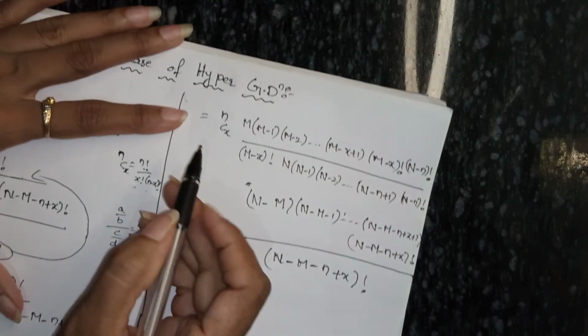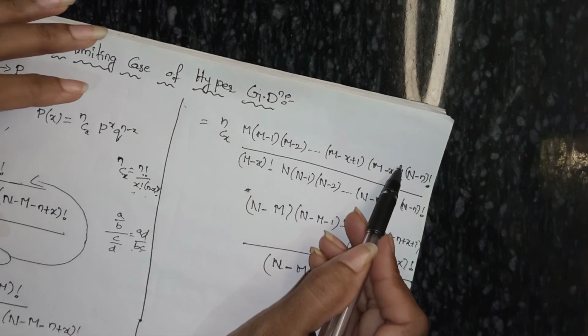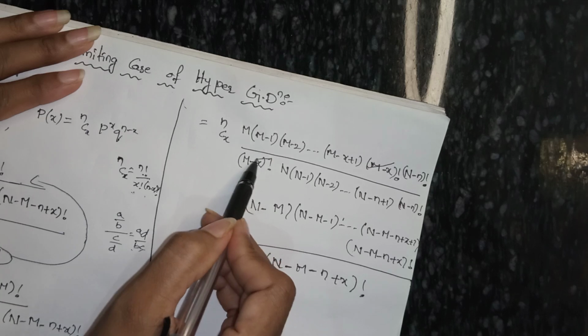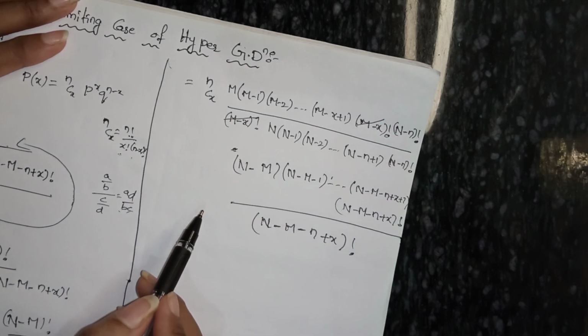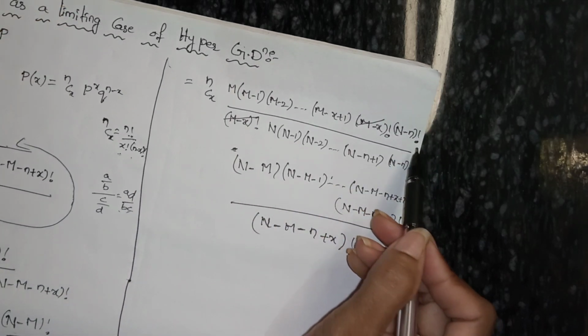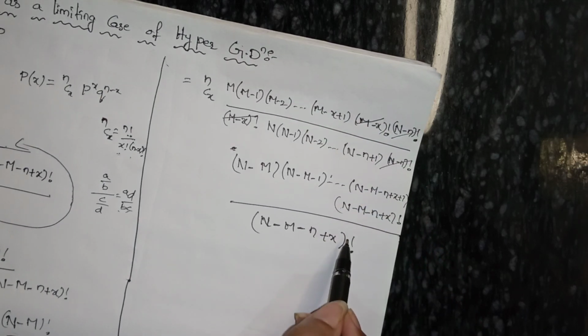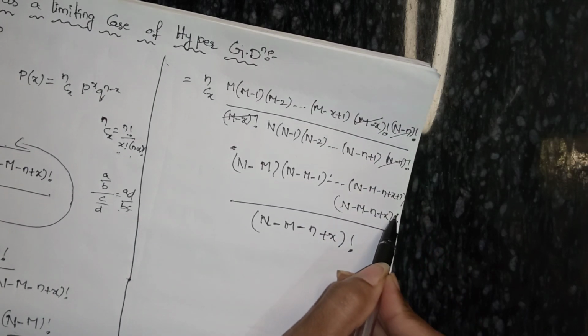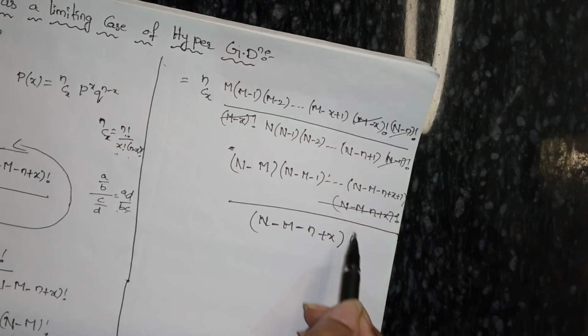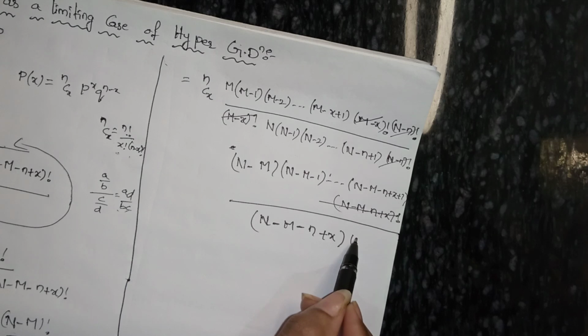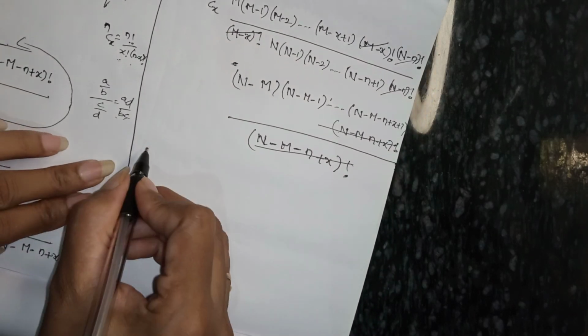Okay, so now we'll cancel. See here, m minus x gets cancelled, and this one also gets cancelled, and the next is n minus n factorial, and n minus m minus n plus x factorial gets cancelled.